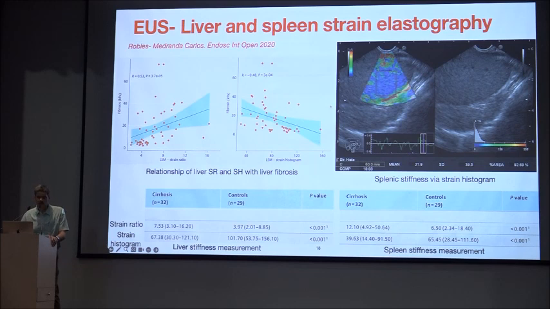This was a study by Robles, Miranda, Carlos, in which the gold standard was the fibroscan here on the y-axis, and you had this strain ratio and strain histogram. Sorry, I don't have my spectacles, so I'm having difficulty reading this. So you saw a lovely correlation between the liver stiffness as defined by the strain elastography and the strain histogram, both in the liver and in the spleen.